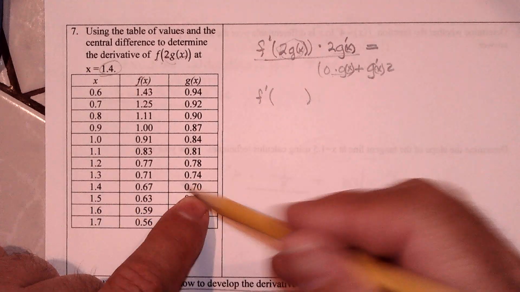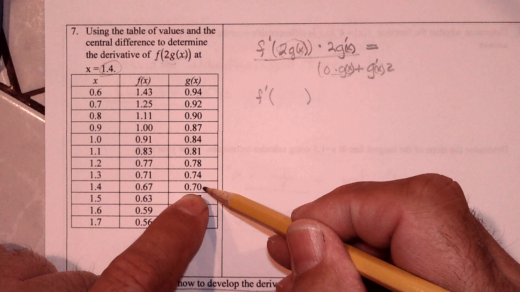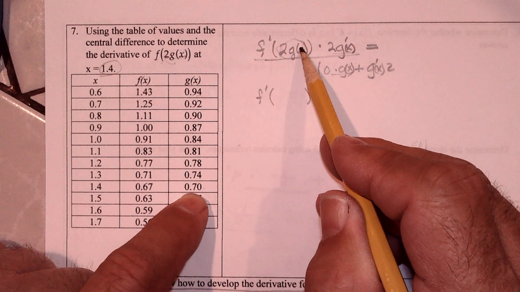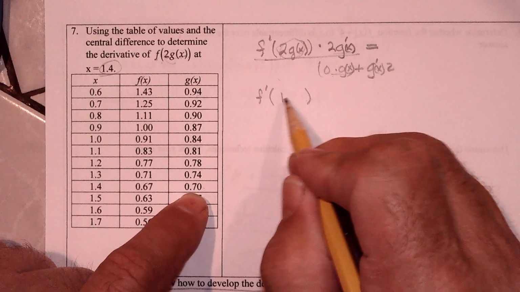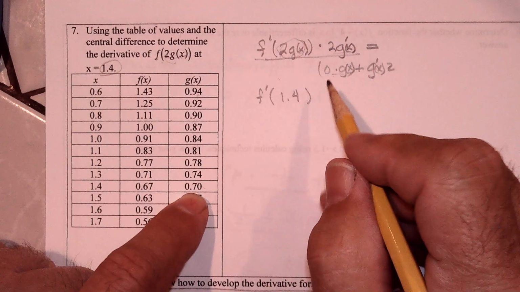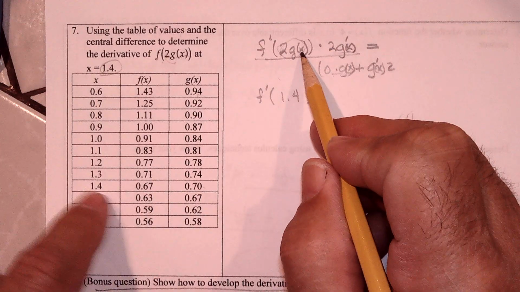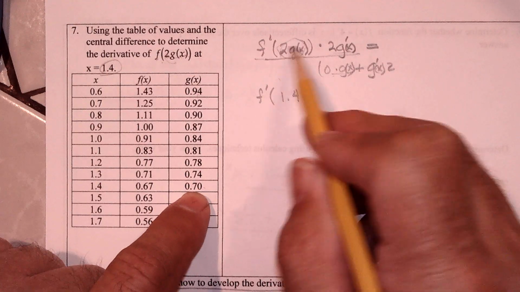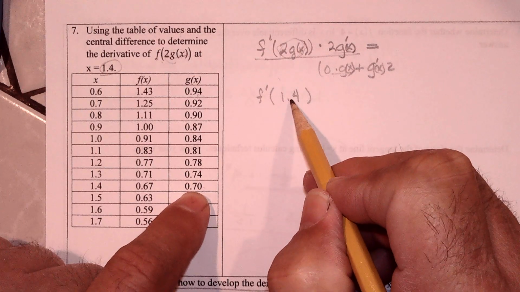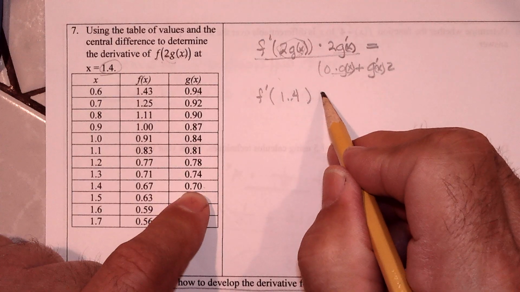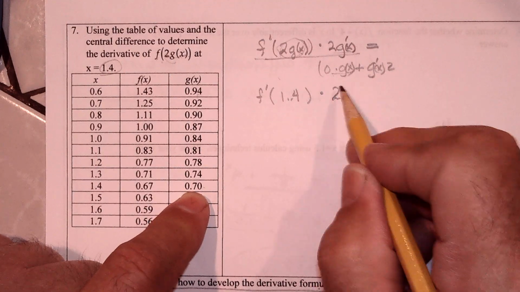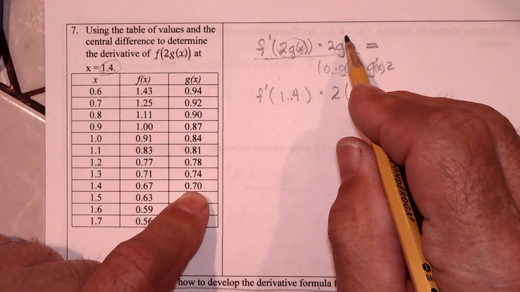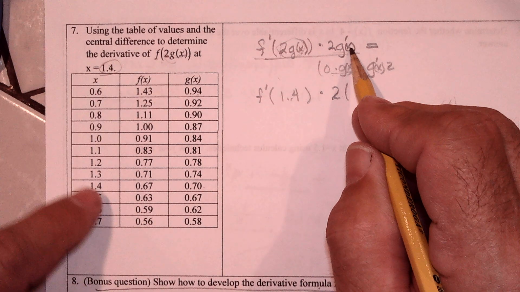Well, g of 1.4 is 0.7, so 2 times 0.7 is 1.4. It took us right back to 1.4. And this is times 2 times the slope at 1.4.